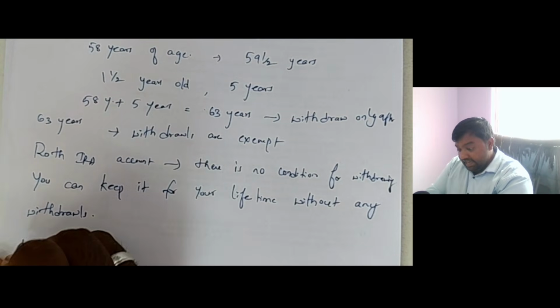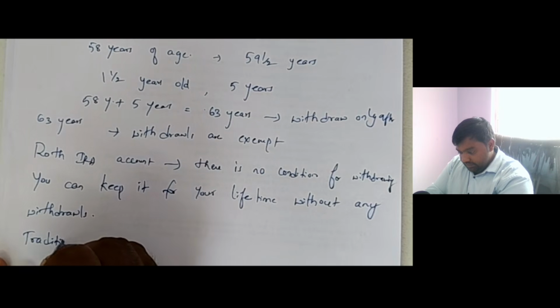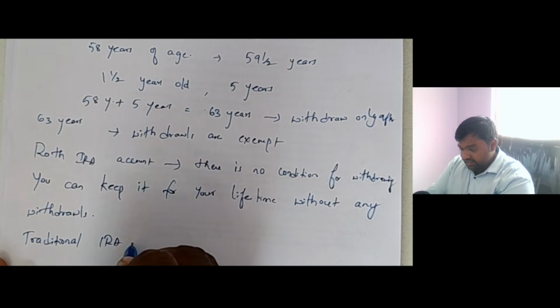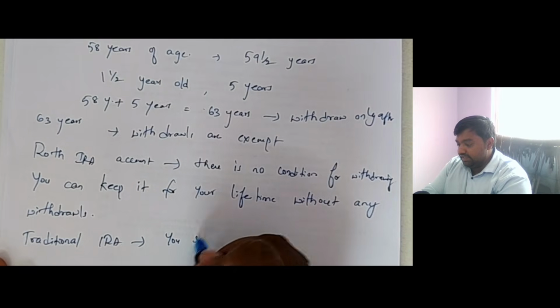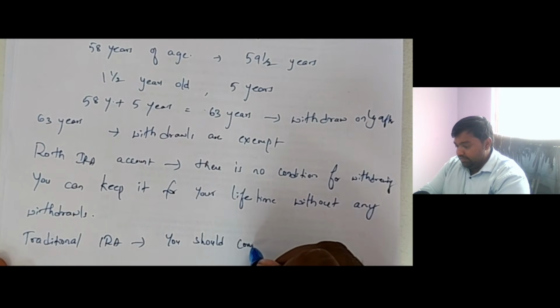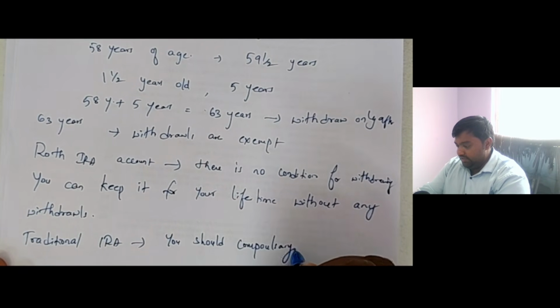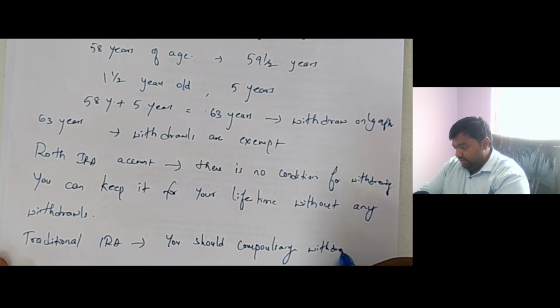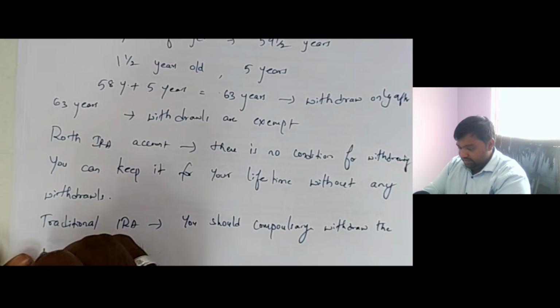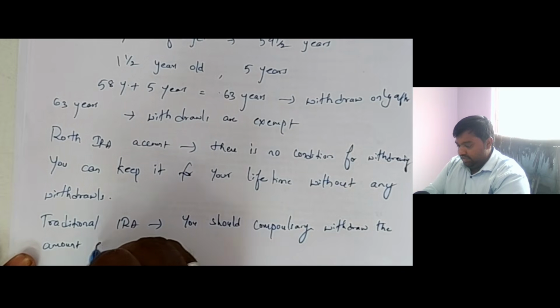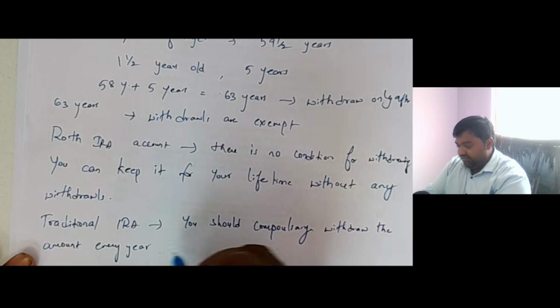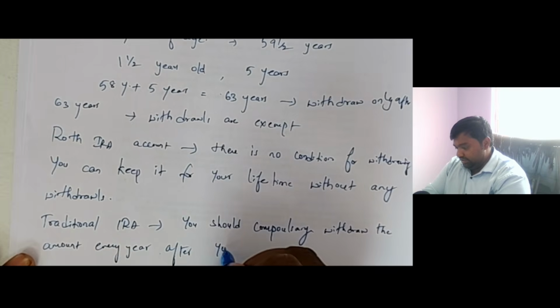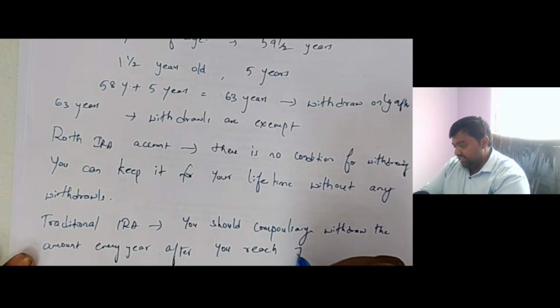But traditional IRA, there is a condition that you should compulsorily withdraw the amount every year after you reach 73 years age.